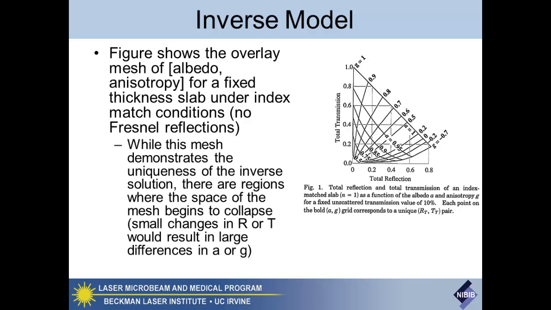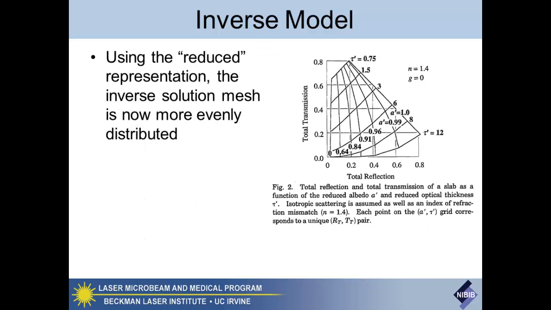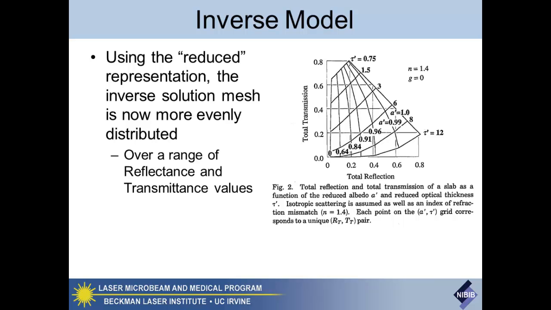One way of addressing this is reparameterizing the problem. You now have a new parameter space where, if you overlay this solution mesh over the actual reflectance and transmittance, you get a wider range of solutions, and over the range of reflectance and transmittance values you get pretty well distributed solutions.